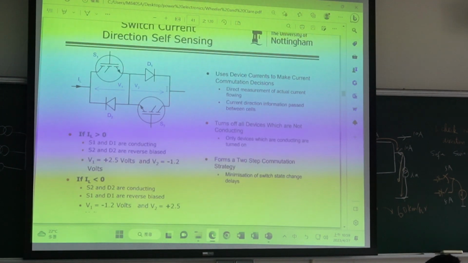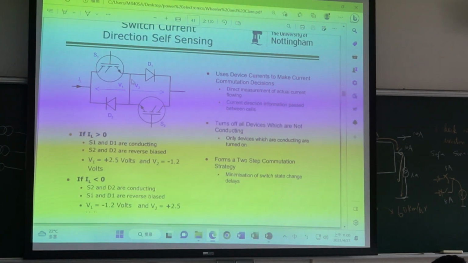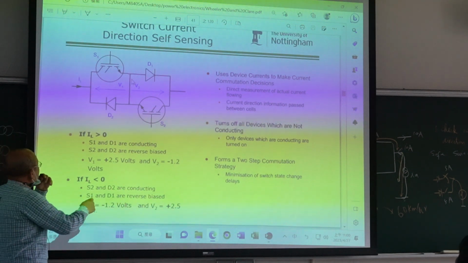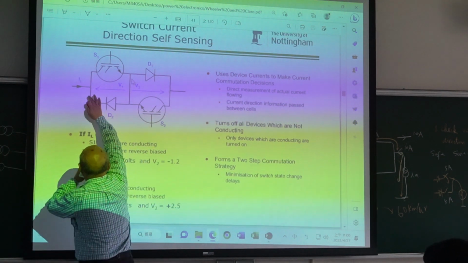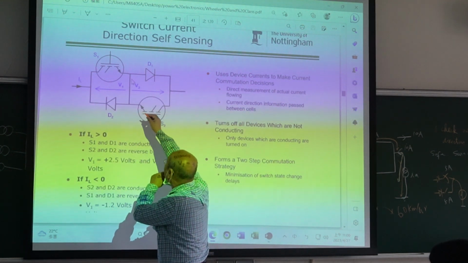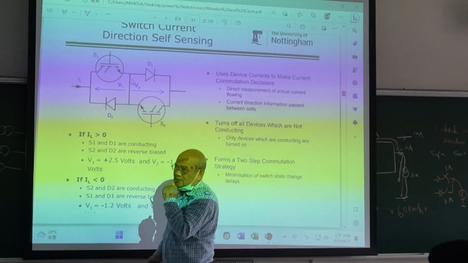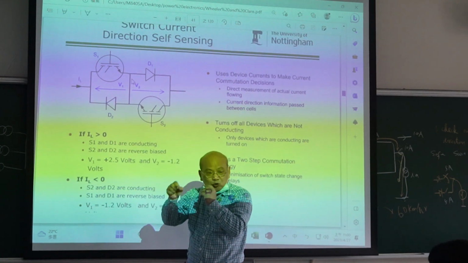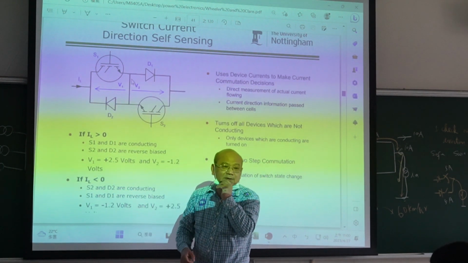So how can you do this? The method is very simple. One student went back, slept and thought. He found if I go the upper way, then what is the diode? The diode is 1.2 volt, right?